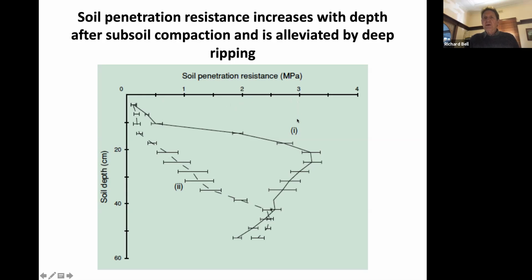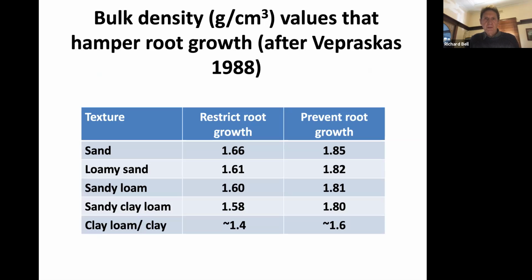Basically at 3 megapascals, roots will stop growing. At about 1.7 megapascals, they will definitely slow down. And we often use 2 as a threshold. So if you've got subsoils with penetration resistance above 2, you really need to act on it because it's going to be having significant effect on roots.